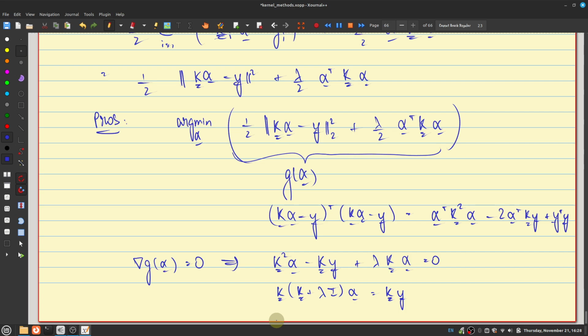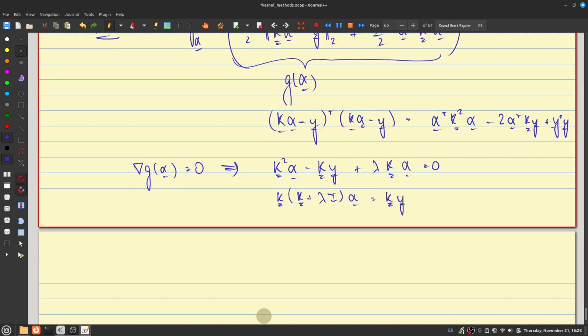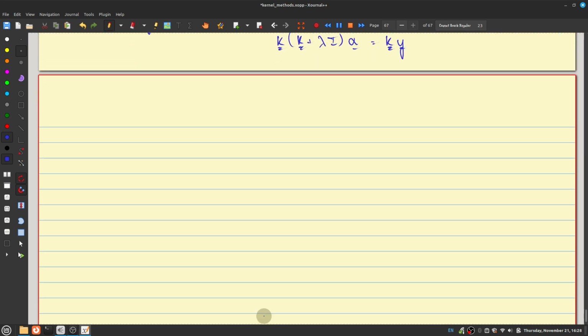And irrespective of what the kernel is, everything can be solved using this set of linear equations that only depends on the kernel matrix. So that's a simple application of the representer theorem for a problem in learning.